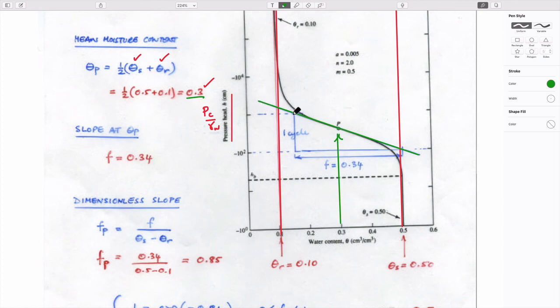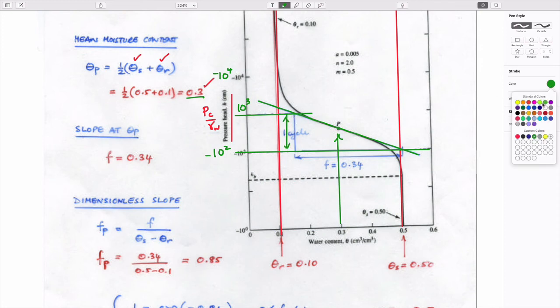So you define the tangent to the curve at that point. You look at that between one log cycle in matrix potential. So this is 10 to the 4, sorry, this is 10 to the 2. So this must be 10 to the 3. So this, by definition, is one cycle.